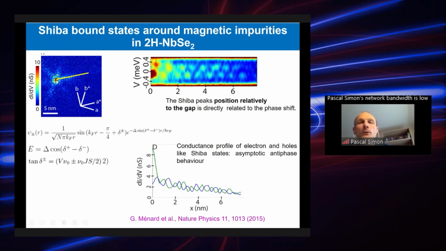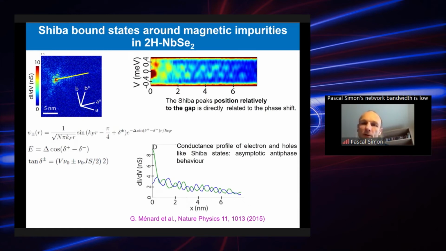And by also analyzing the oscillations of the density of states, they can correlate the positions of the oscillation peak to the position of the peak in the spectral gap. So all that is to say that we have a very good, quantitative understanding of the behavior of the Shiba bound states.